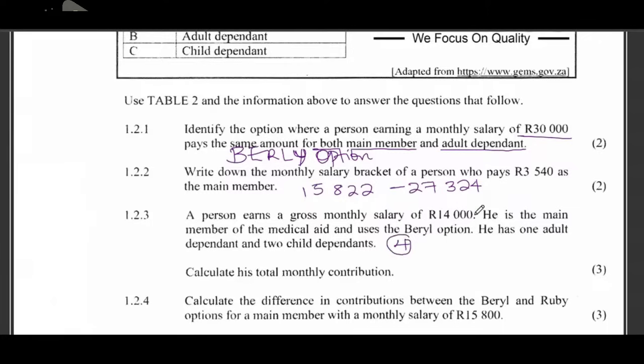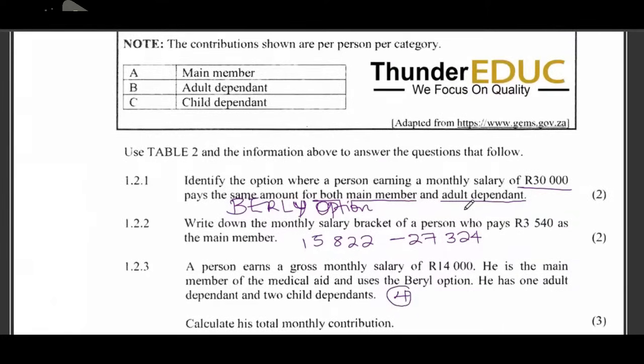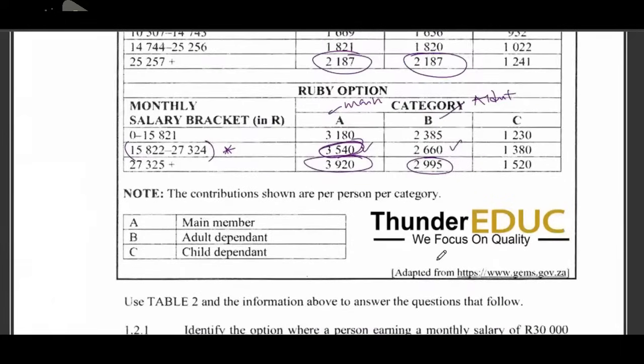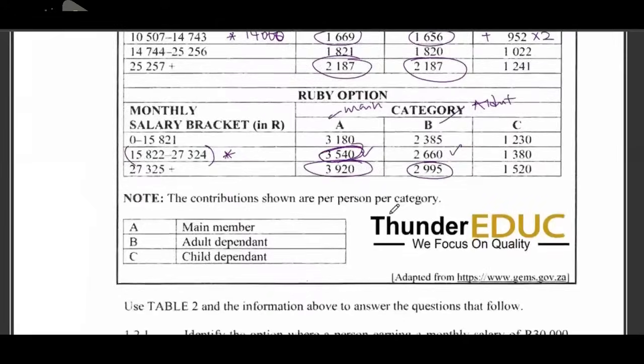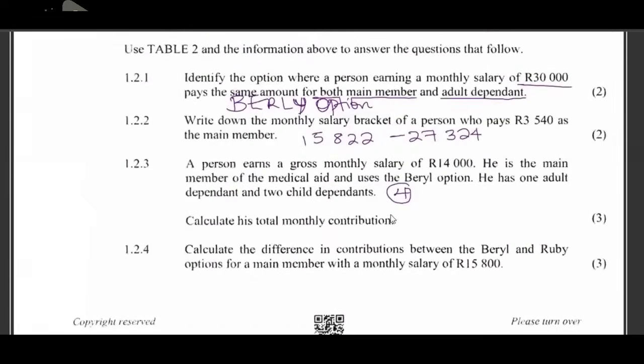The person earns 14,000 using the first option, so we shall come here. The bracket is this one here. The first person is going to pay this much, the second person is paying that much, plus this times 2, because the person earns this much per month. So let's calculate. 1,600.